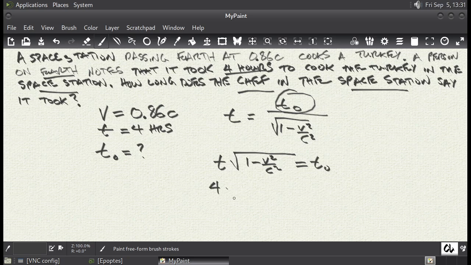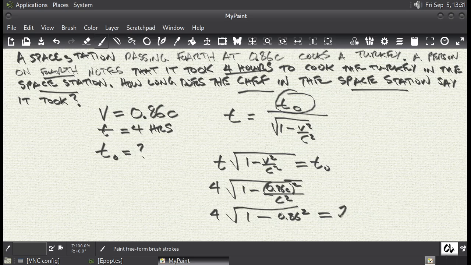This is 4 hours times the square root of 1 minus 0.86 c squared divided by c squared. So that's just going to be 4 times the square root of 1 minus 0.86 squared, because the c squareds will cancel out. And for the time, we get 2.04 hours. And that's the end of that problem.